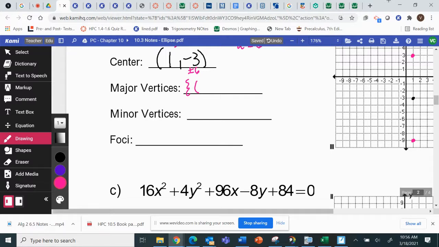Just put the smaller one first. So I got 1, -9 and 1, 3. And then the minor vertices, we're going to add and subtract 5 from the x's.